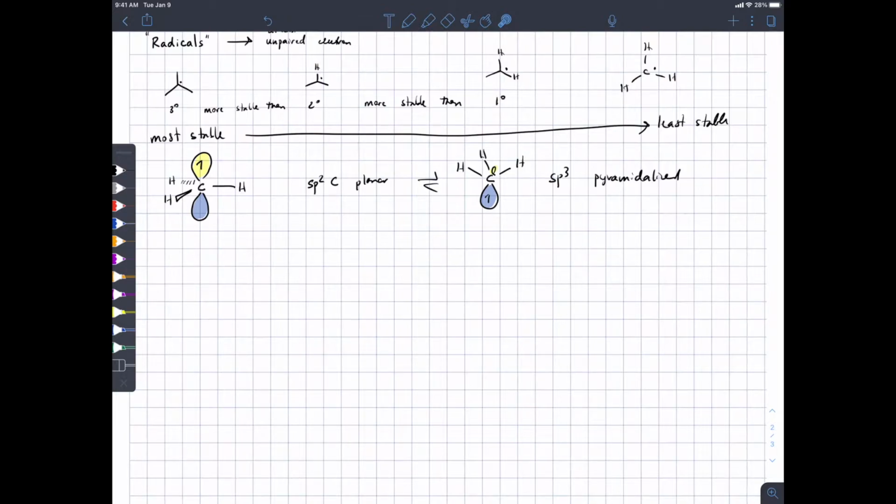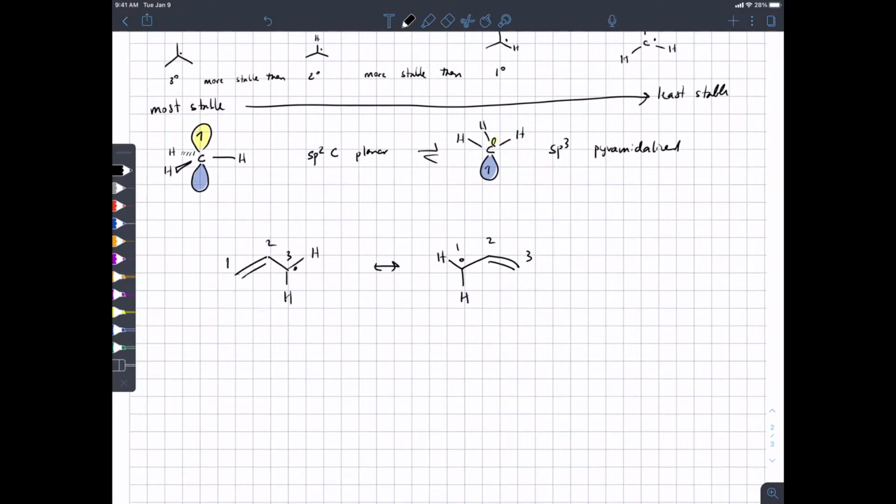Okay, so the same things that stabilize carbocations can stabilize radicals. That is, resonance stabilization works as well. If you think about a simple allyl radical, where the unpaired electron is at an allyl position, you could draw a resonance structure in which that unpaired electron would also be on carbon 1 instead of just on carbon 3.